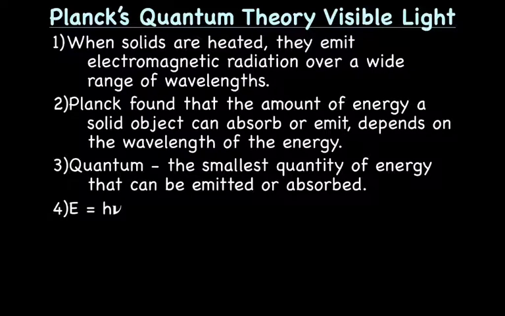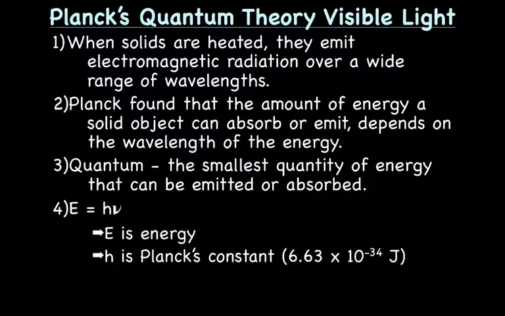And he came up with this equation here, E for energy equals h nu. This also is in your reference table. So E is energy. H is Planck's constant, which is 6.63 times 10 to the negative 34 joules, also on your reference table.